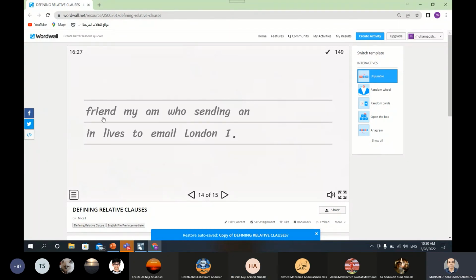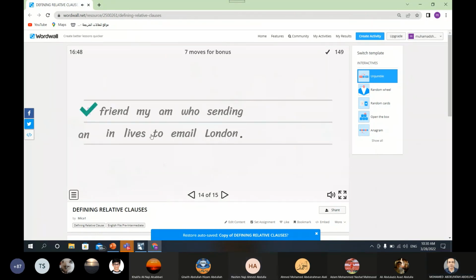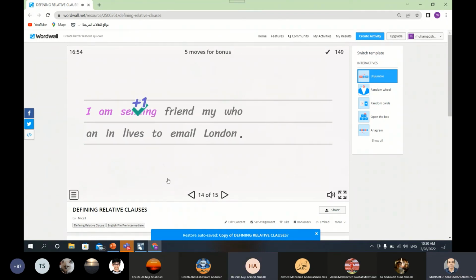The words are friend, my, am, who, sending, an, in, lives, to, email, London, I. This sentence is a little short, but I will help you start with I am sending. I, the verb to be am. I am what? I am sending. Sending what?